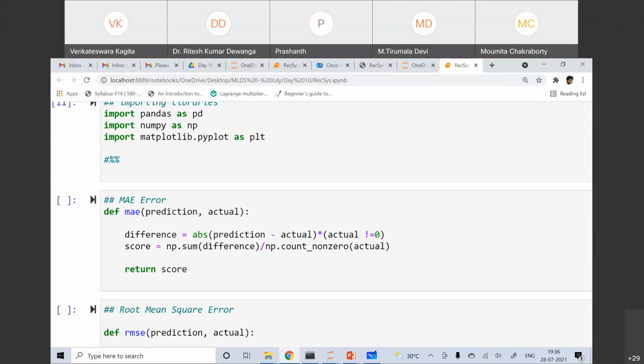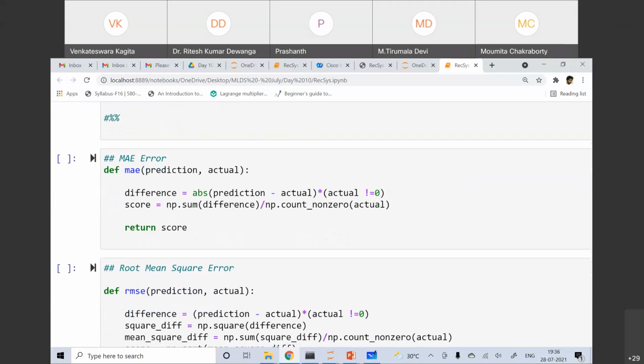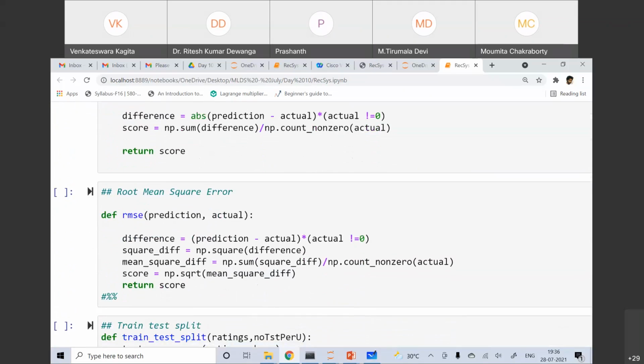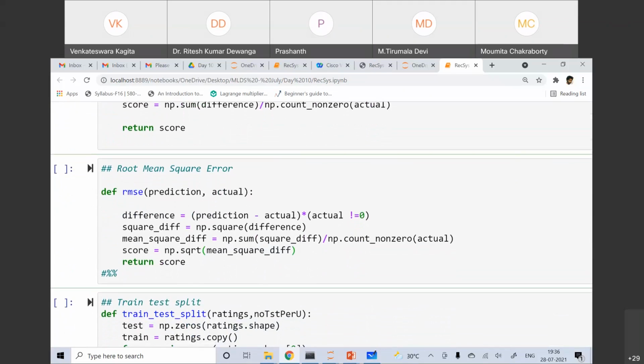If the actual is not equal to 0, then only you are doing this, and taking the average and returning that score. Similarly, the same thing you are doing for root mean square error. The sum of the squared errors you are taking and the root mean square of that you are computing. To compute square root from the NumPy library you are using sqrt.